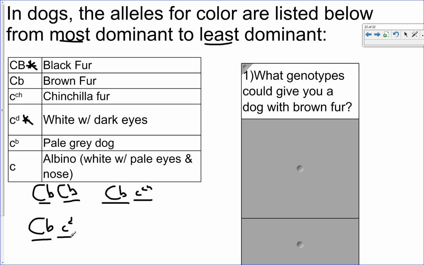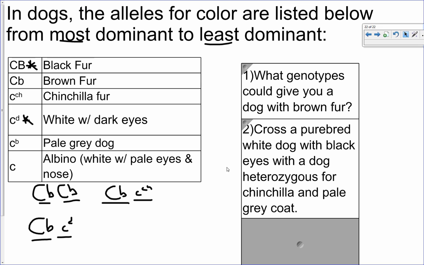It's going to be purebred, so C, D, C, D. We're going to breed that with a dog heterozygous for chinchilla, so that's this one, and pale gray coat, this one. So they're going to be C, CH, and C little b. All right, so we've got our Punnett square set up, so let's fill this out.